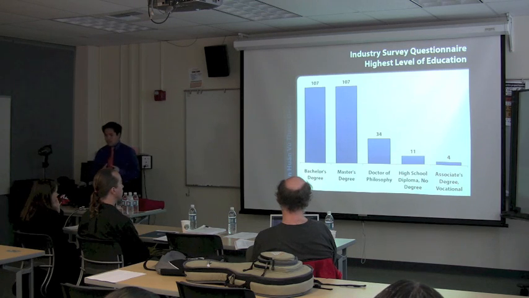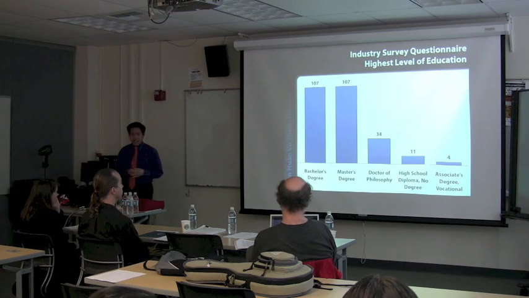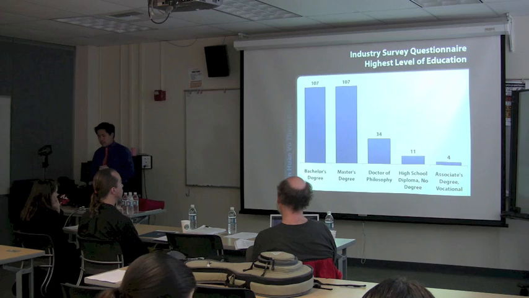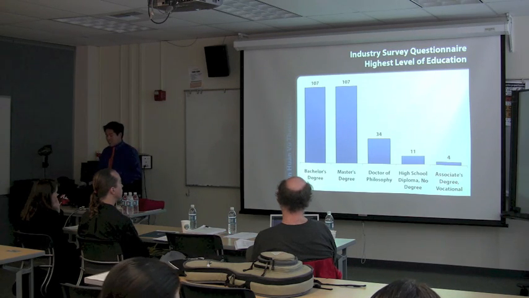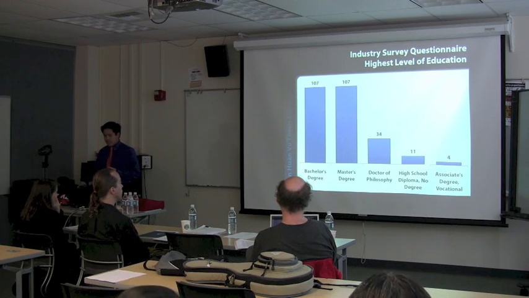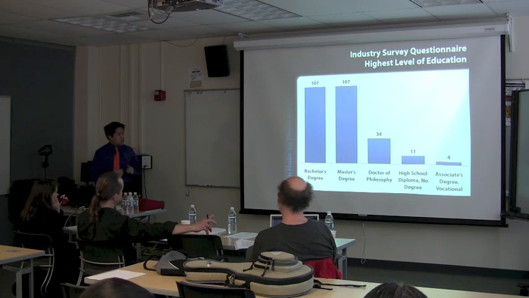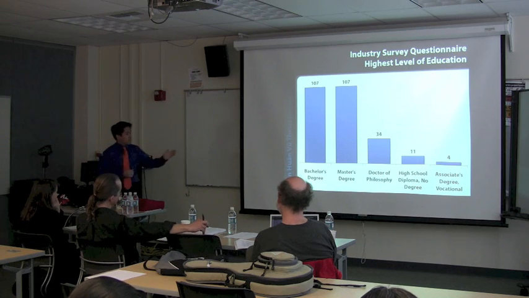In terms of their highest level of education, I had a total of 263 responses. Presented here is a bar chart summarizing the distribution of respondents among the highest level of education. You can see that the majority had either a bachelor's degree or a master's degree.